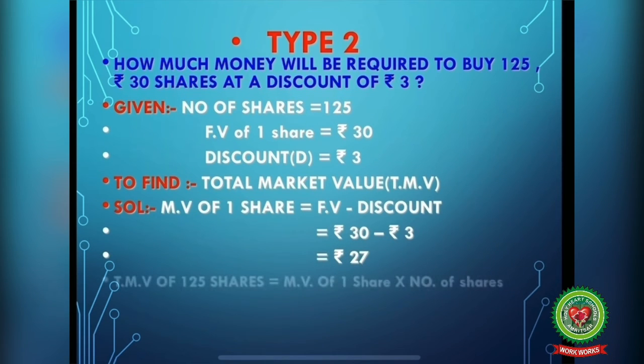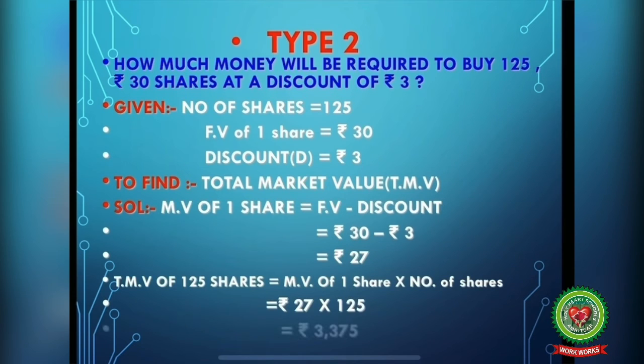Now the total market value of 125 shares will be equal to the market value of one share into the number of shares, which is rupees 27 multiplied by 125, which comes out to be rupees 3,375.